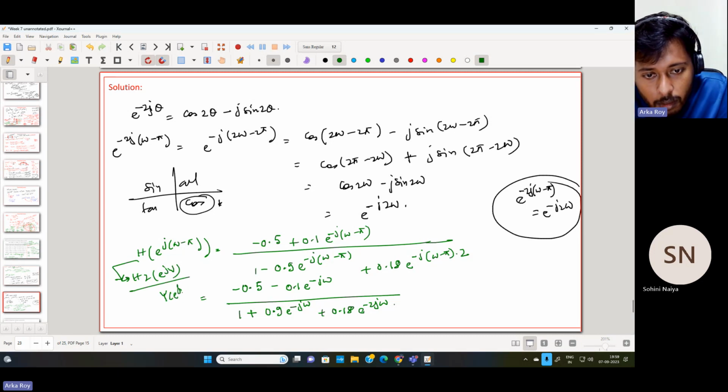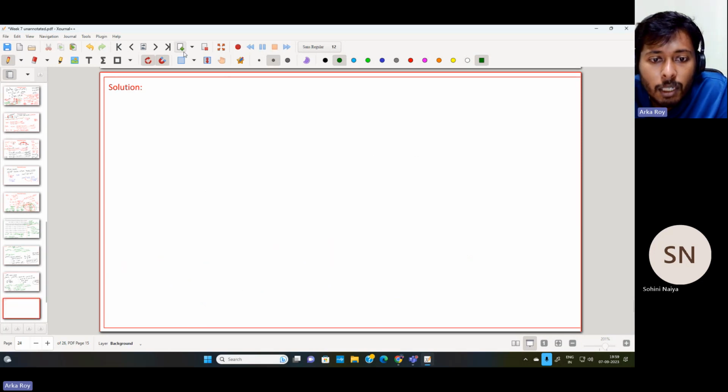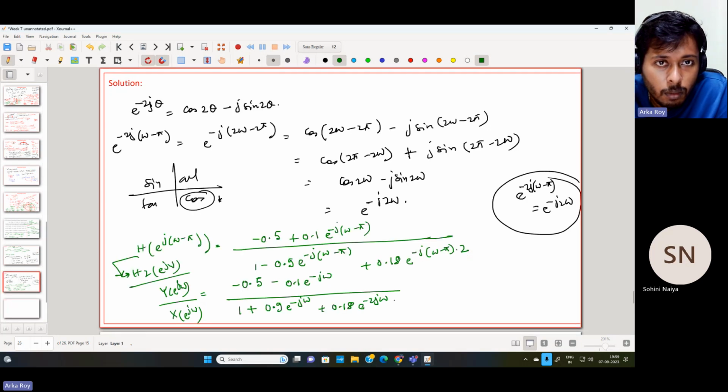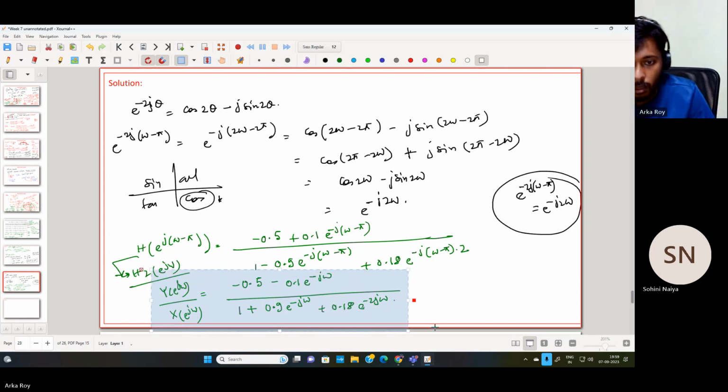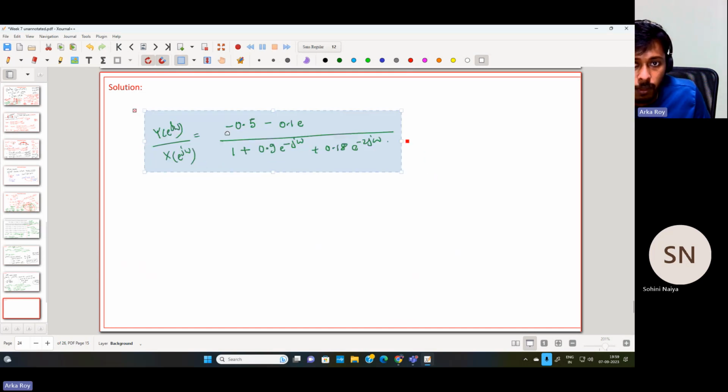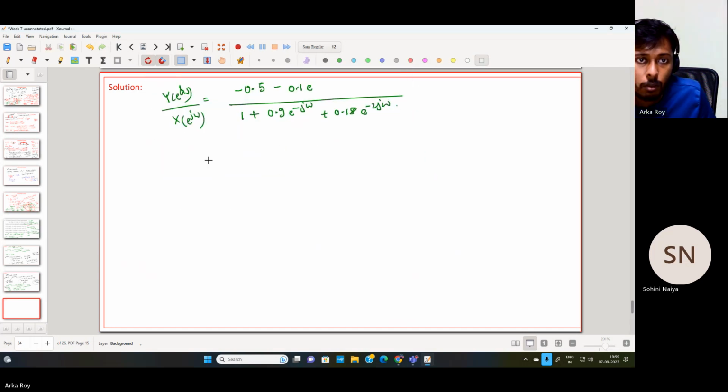So I can write H2 e to the power j omega as Y e to the power j omega divided by X e to the power j omega. And then if I cross multiply these things with each other, I will get the filter representation, or the input output representation.